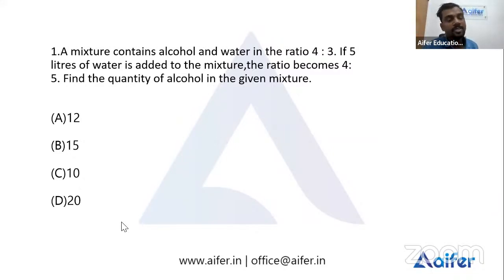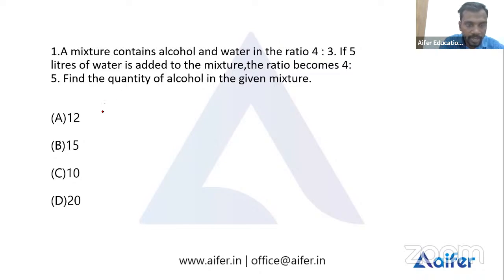The question says a mixture contains alcohol and water in the ratio 4:3. If 5 liters of water is added to the mixture, the ratio becomes 4:5. Find the quantity of alcohol in the mixture. Initially it's a question from ratio.